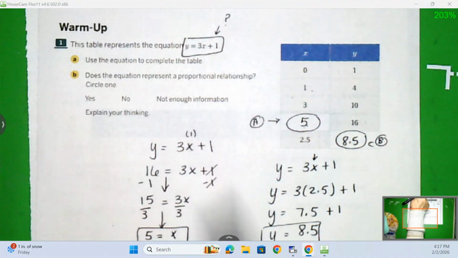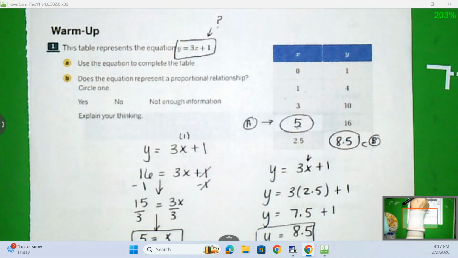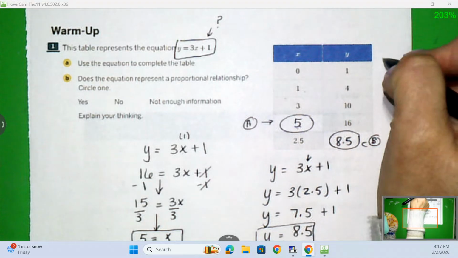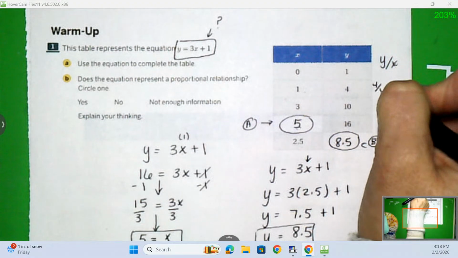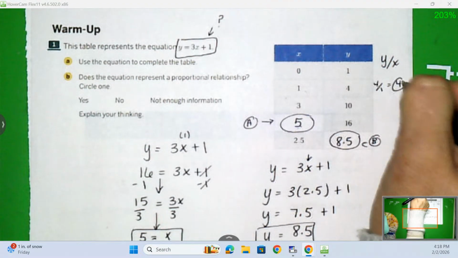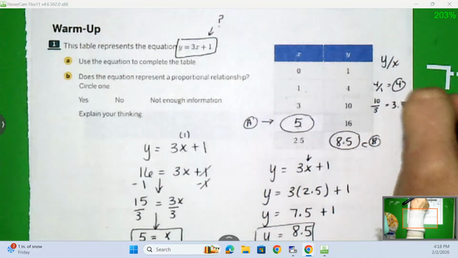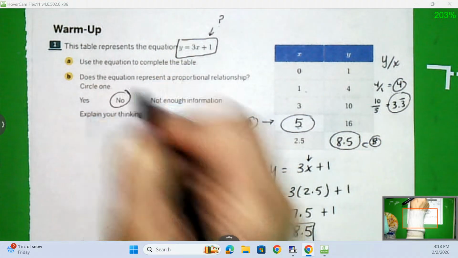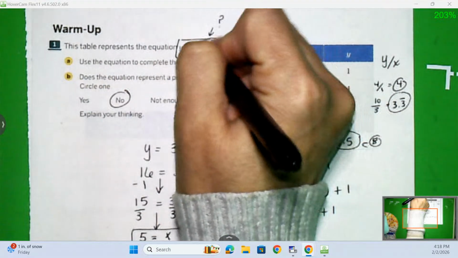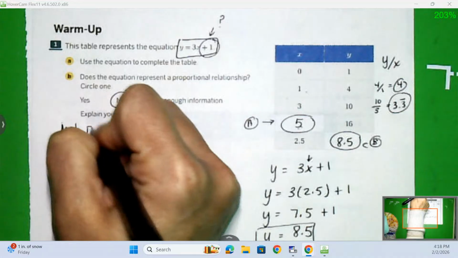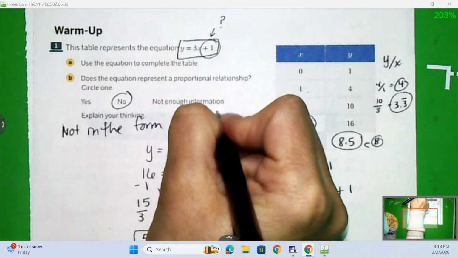The next question is, does this equation represent a proportional relationship? We can take a look by using our unit rates. Remember, we could do y divided by x. In this case, 4 divided by 1 is 4, and 10 divided by 3 is not 4. It's going to be 3.3 repeating. So we're going to have to say no. This plus 1 is actually the problem, because it's not in the form y equals kx.